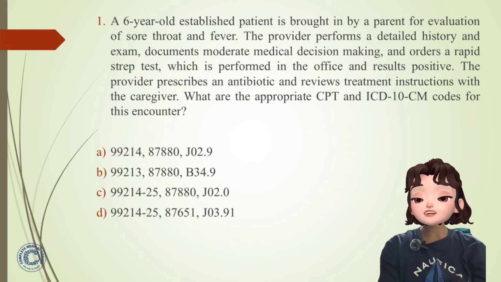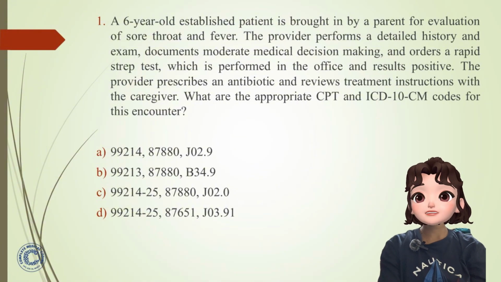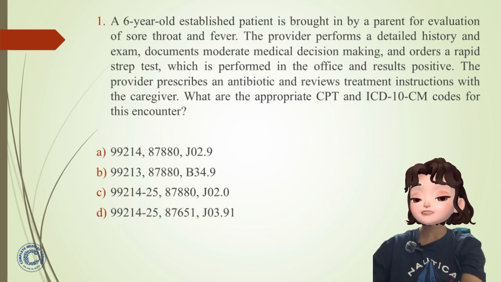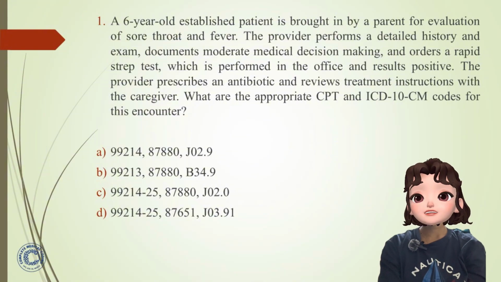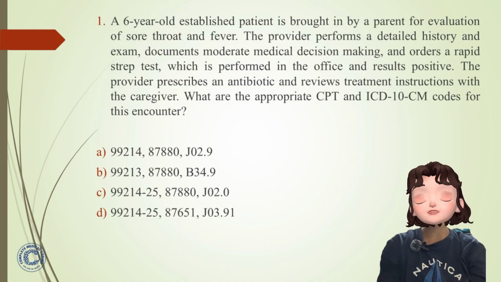You can just cross check the last option as well, the last ICD code J03.91. What is J03.91? J03.91 is acute recurrent tonsillitis, unspecified. This is not tonsillitis, so that's also wrong.